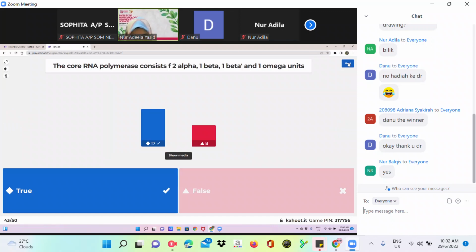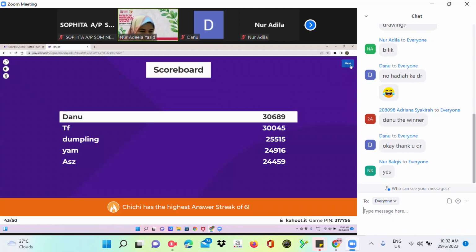Basically these questions ask you about the core RNA polymerase. So what is the holoenzyme of RNA polymerase? You need to know what regions RNA polymerase consists of. So it has 2 alpha, 1 beta, beta prime, and also omega units.